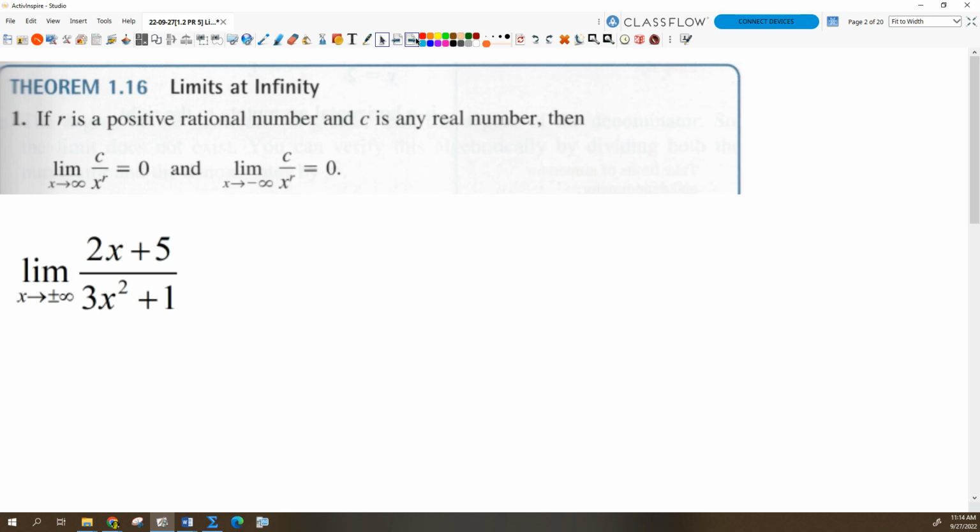Let's see, probably we split the entire equation, so you'll have 2x over 1 and 5 over 3x squared. I can't do that. I can't just arbitrarily split it up like that. I've got this common denominator that I can't split. But is there something I could factor out of the top and bottom?